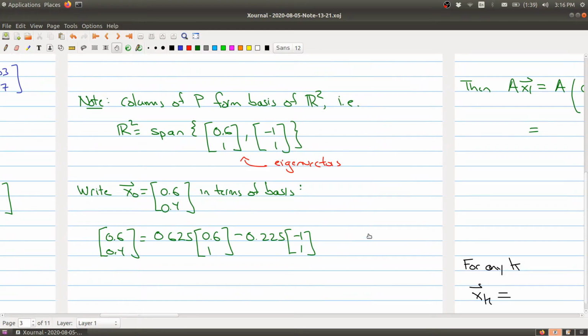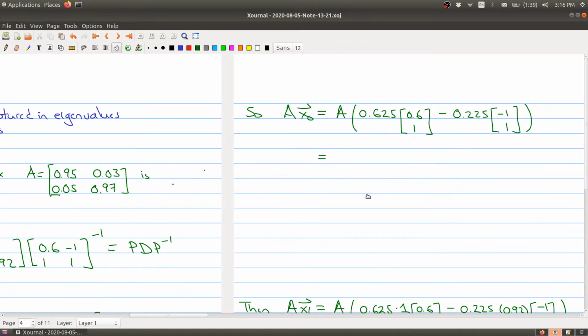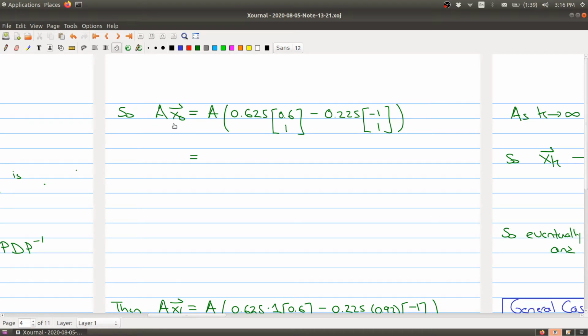So we've taken our x naught, and we want to know what happens when I multiply A by x naught. We already computed that, but instead we're going to compute it by writing it in terms of its basis. Because these are constants, when we multiply through, we can rewrite it as 0.625 times A times (0.6, 1) minus 0.25 times A times (-1, 1).